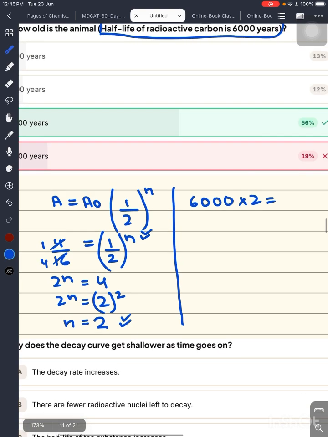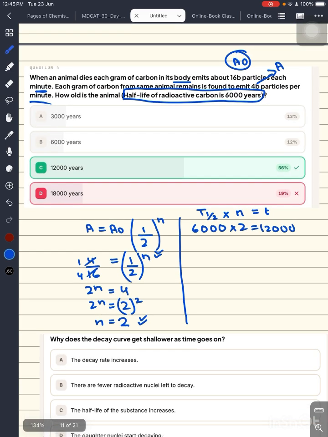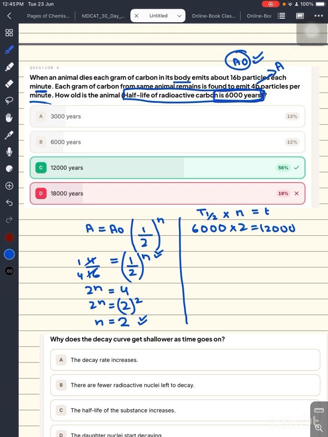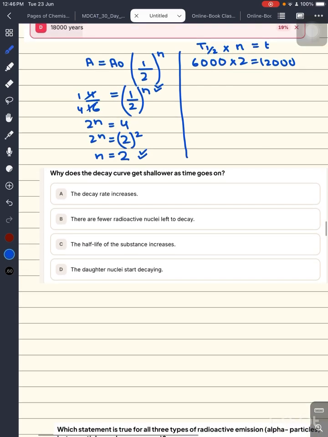After finding the n, we're going to use the formula T equals half-life multiplied by n to find the T, and it will be 1200. So they are giving us the initial activity, the activity at the instant point and the half-life. You just have to solve this with the same formula that we used yesterday.